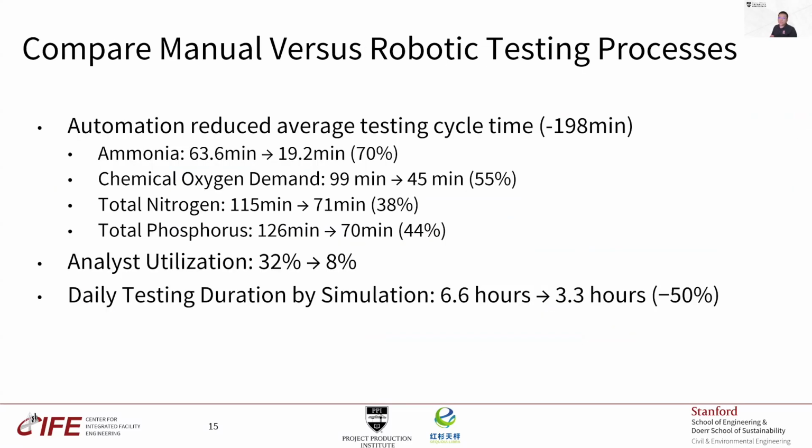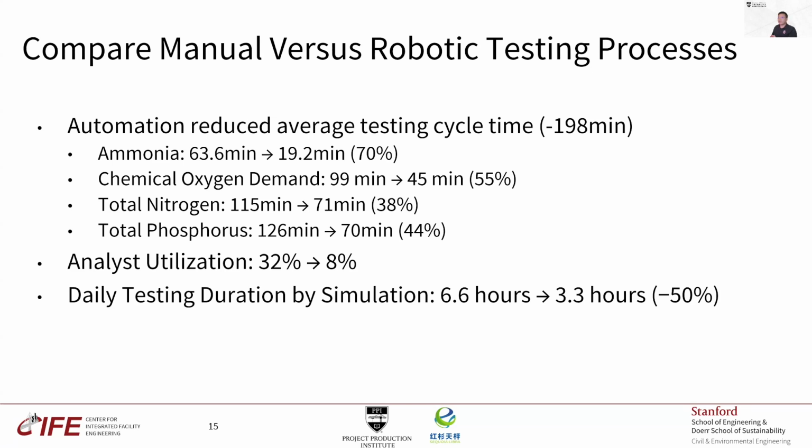So here's a detailed comparison across the 4 pollutant types. You will notice the dramatic time savings: ammonia testing dropped 70% because a lot of the time in this process was involved with moving samples around between different testings.